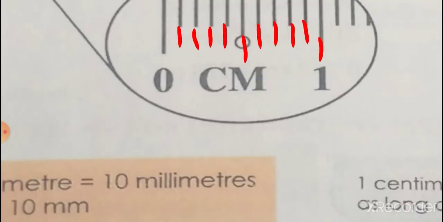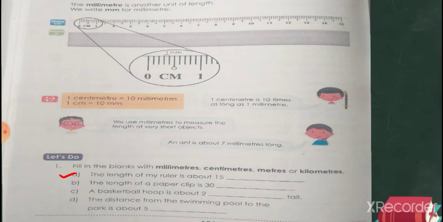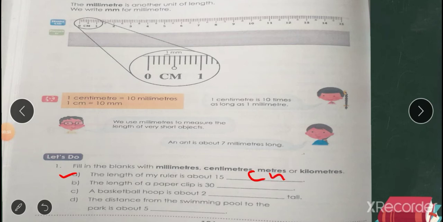So in the blank, we're going to write 15 centimeters. Now the next one is, the length of a paper clip is 30 dash. You have to write it yourself. A basketball hoop is about 2 dash tall. The distance from the swimming pool to the park is about 5 dash. You have to do these in your books. Okay, let's go to the next page.